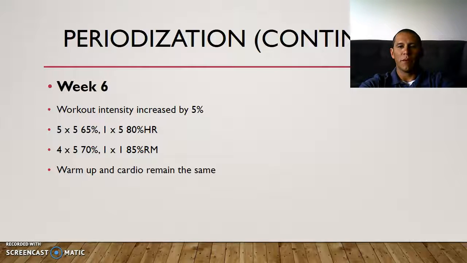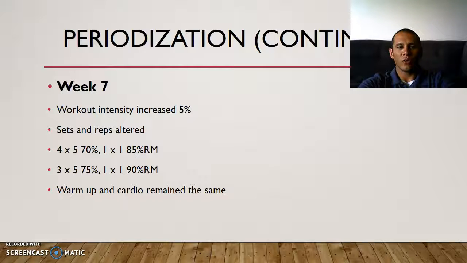Week 6, bumped up 5% workout intensity. We went from 5 sets of 5 at 65% and 1 set of 5 at 80% to 4 sets of 5 at 70% and 1 set of 1 at 85% max. Warm-up and cardio remain the same.